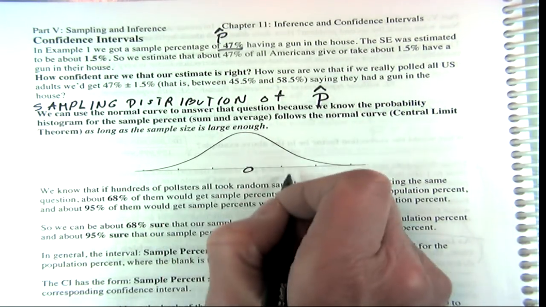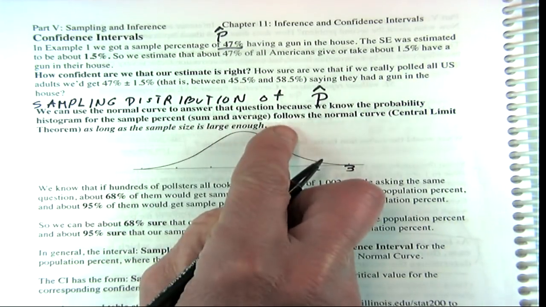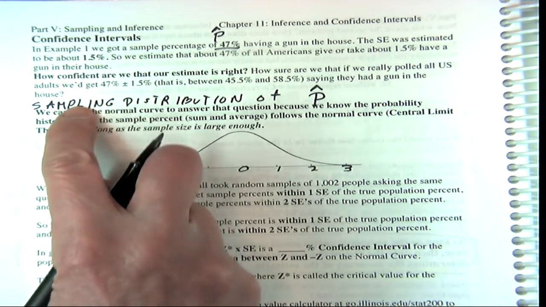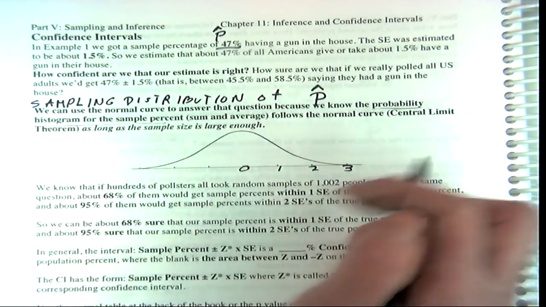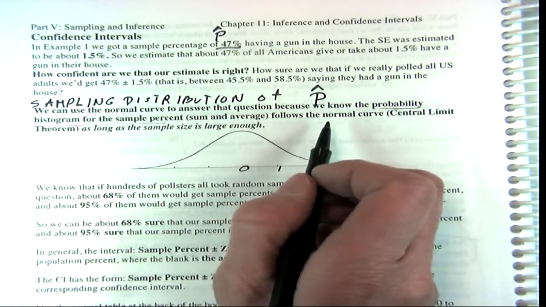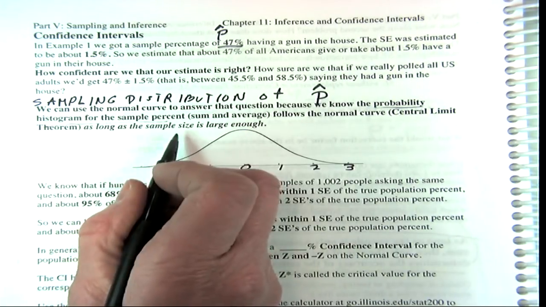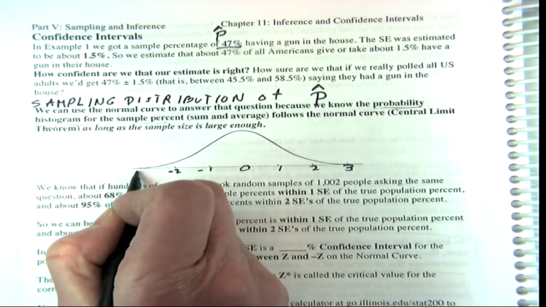So here's a normal curve because the central limit theorem says that the probability histogram for the sample percent, that's the sampling distribution, follows the normal curve as long as the sample is large enough. We have a big sample here of 1,000.